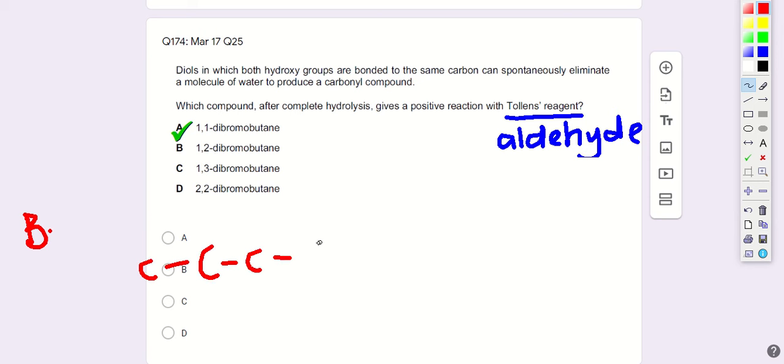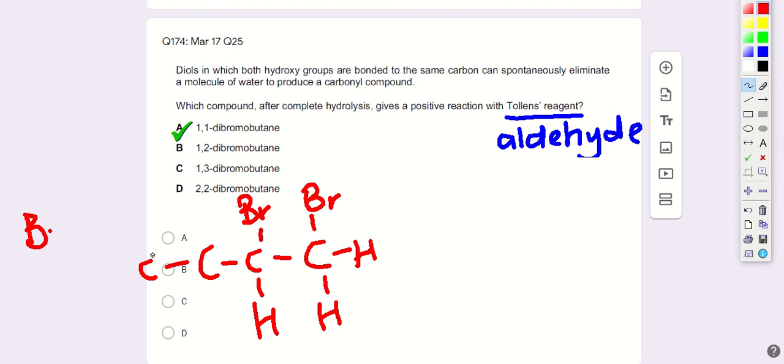Still 4 carbon, but this time 1,2-dibromobutane. Okay, carbon number 1 as I put here. 2. So H, H, H. Now here will be CH3, CH2.